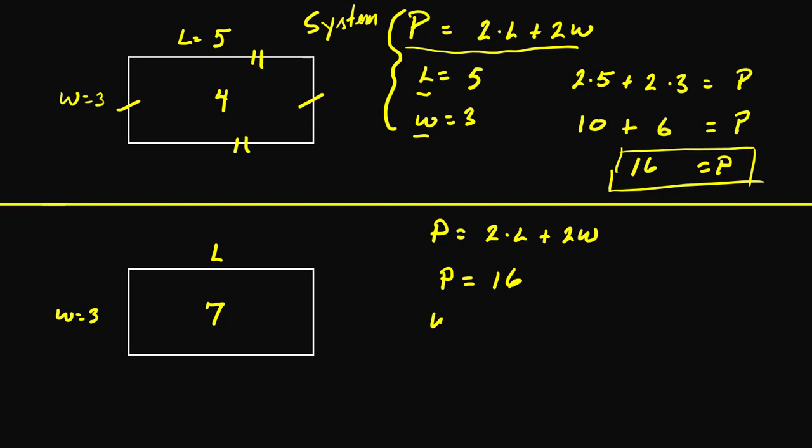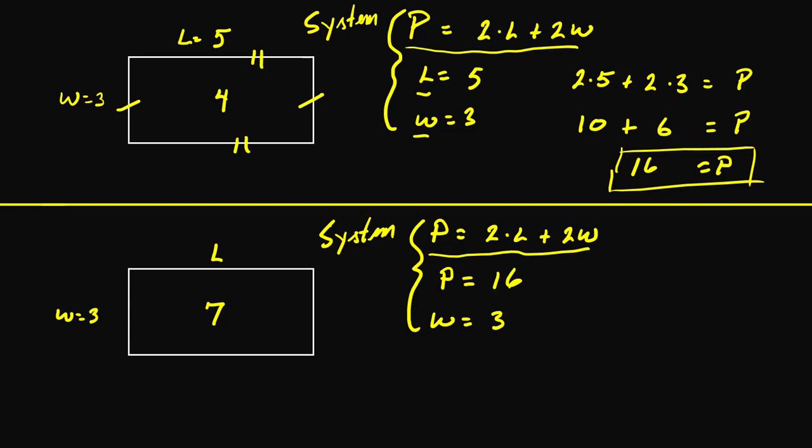And in this case, we gave you the width. Once again, this is a system of equations. In the original formula, we have 3 unknowns, and we have one equation. To be able to solve this, we need one equation and one unknown.